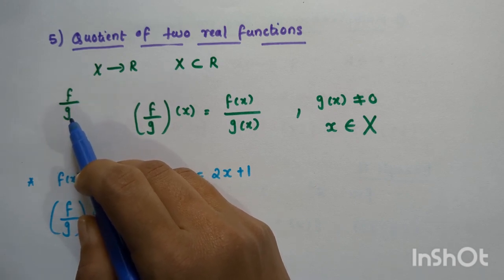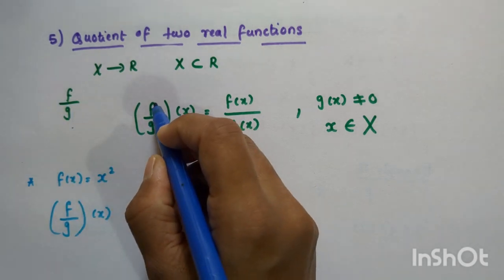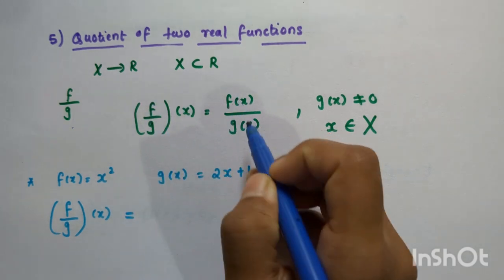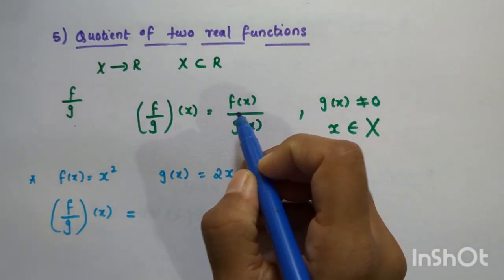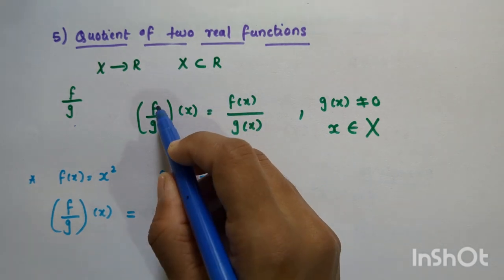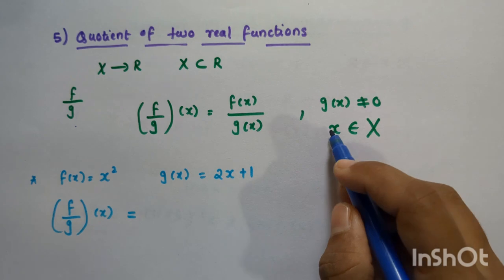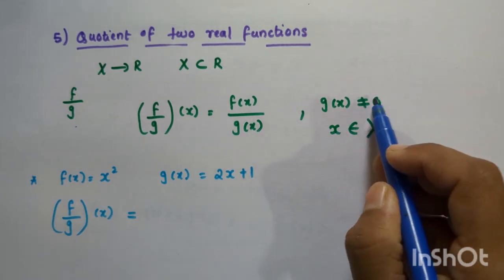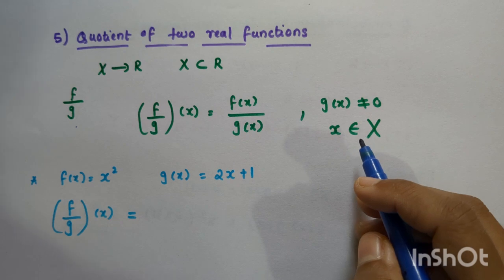It is a function defined by f by g of x equals f of x divided by g of x. That is the quotient of two real functions, actually defined by this equation: f by g of x equals f of x by g of x, provided g of x, which is the denominator, is not equal to 0 and x belongs to the capital letter X.